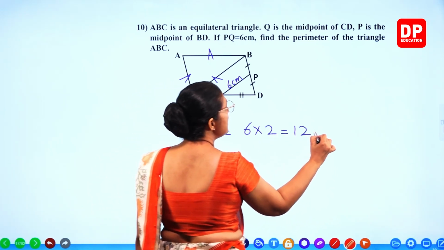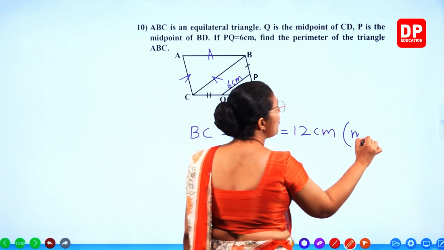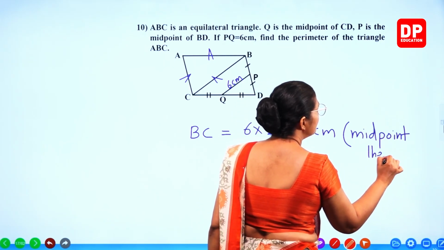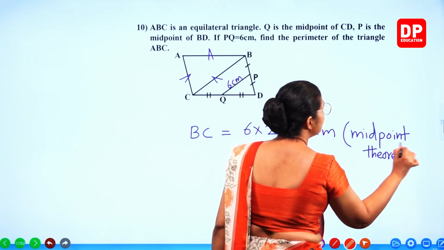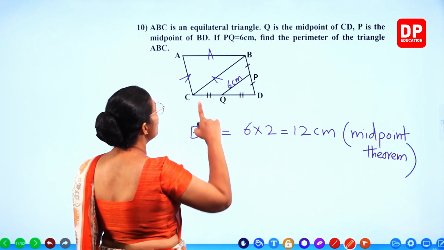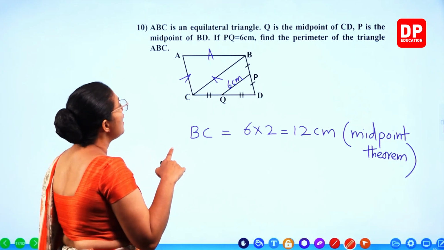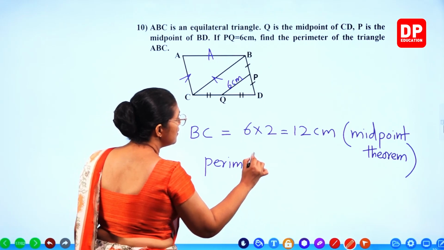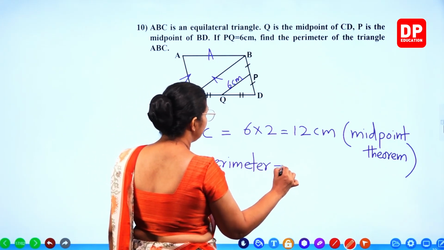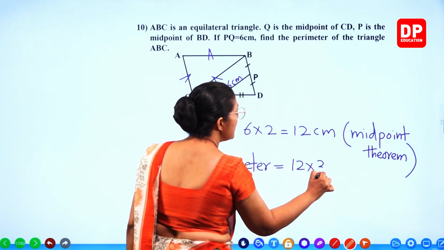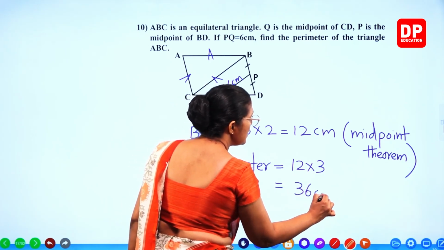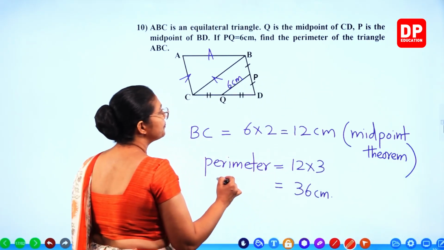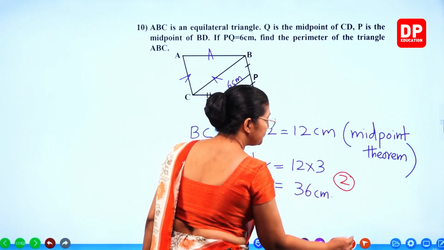That's 12 centimeters according to the midpoint theorem. So if this is 12, what is the perimeter of the triangle? You have to add all the lengths. 12 times 3, you get 36 centimeters as the perimeter of triangle ABC. So you get 2 marks.